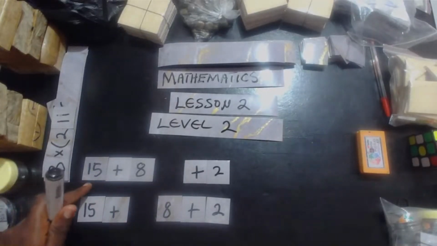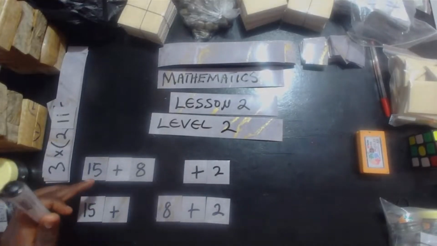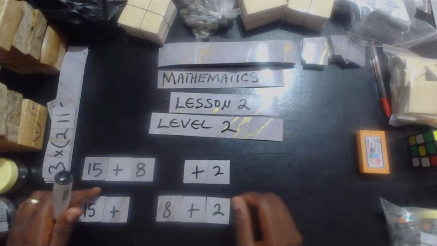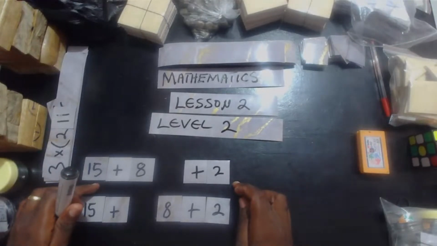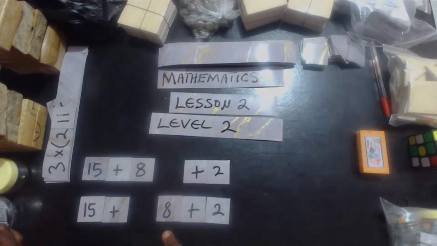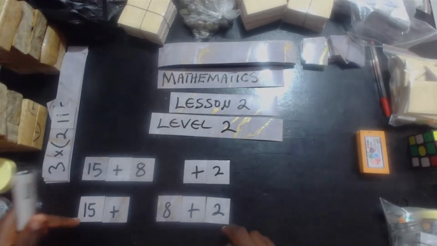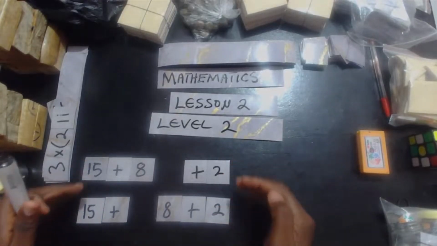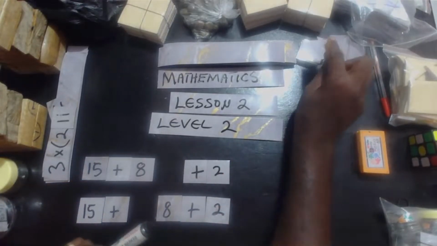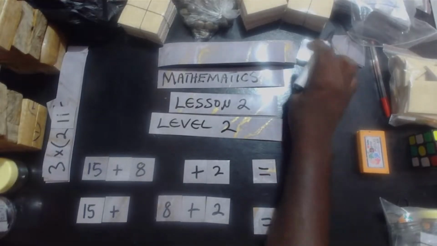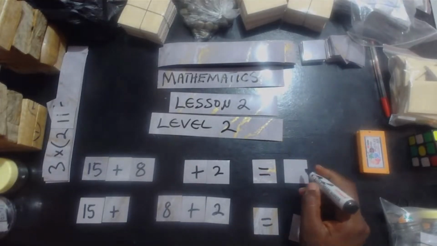You notice that 8 plus 15 gives 23, added onto 2, that'll be 25. What about this? 8 plus 2 is 10, 10 added to 15, that's 25. So the two answers both give you 25.